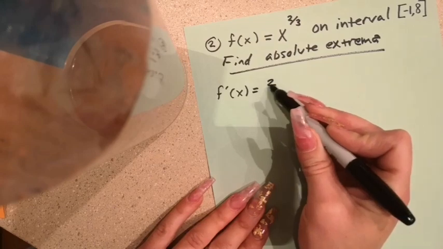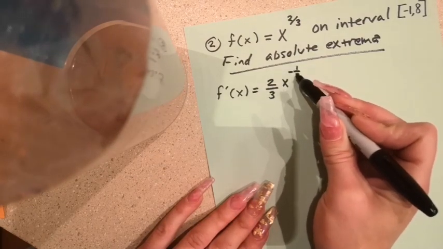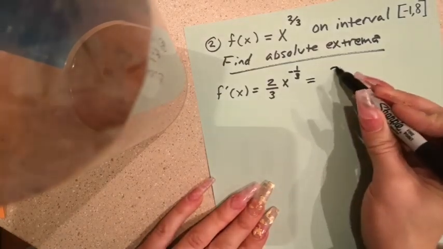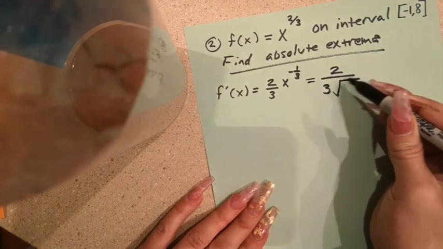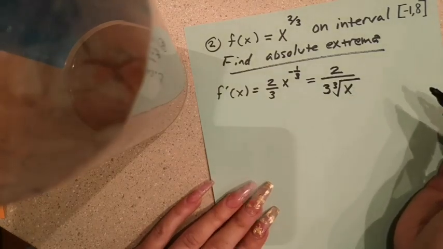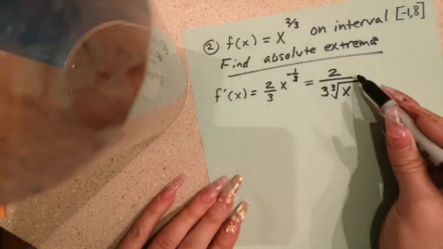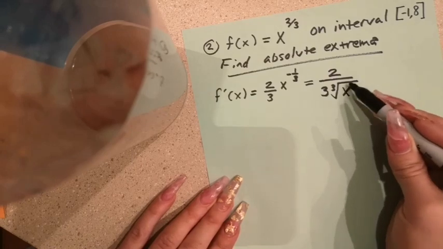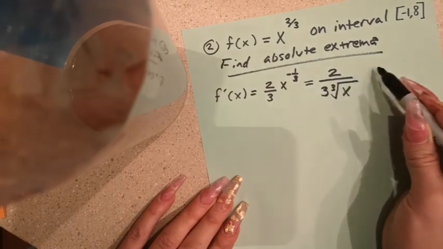That first derivative would be (2/3)x^(-1/3). That's the same as 2 over 3 times the cube root of x. Then I'd have to look for two things. Where is this equal to 0? This is never equal to 0, because if I set this to 0, I'd get a false statement, 2 equals 0.